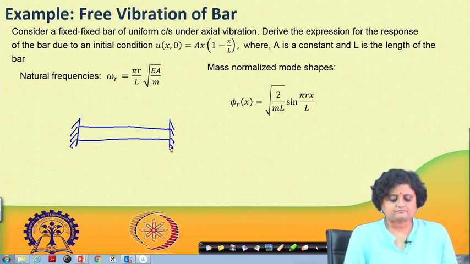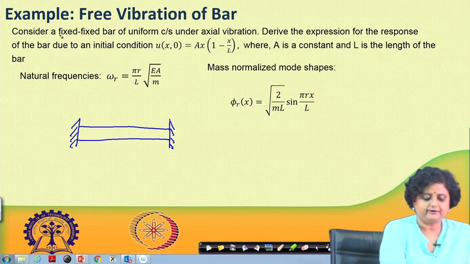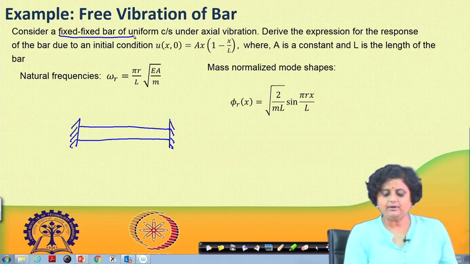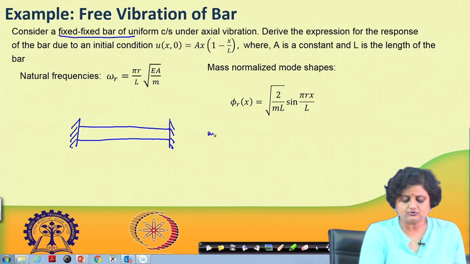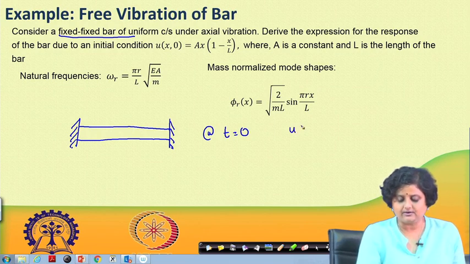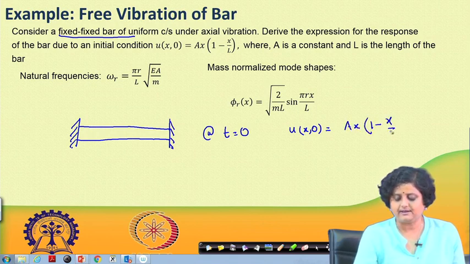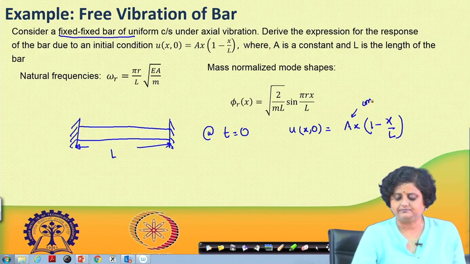The problem that is given is that at time equals 0, or initially, the bar is given a deformation, the expression for which is given as A x into 1 minus x by L, where L is the length of the rod and A is a constant.